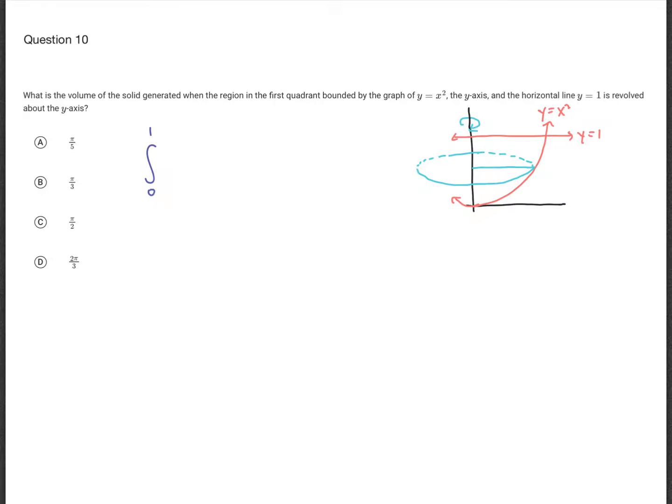Okay, and then we know we're going to be doing pi r squared, so pi r squared, this will be dy. So now this radius is this function here, but it's got to be in terms of y. So before we said it was y equals x squared, but now we have to fix that.